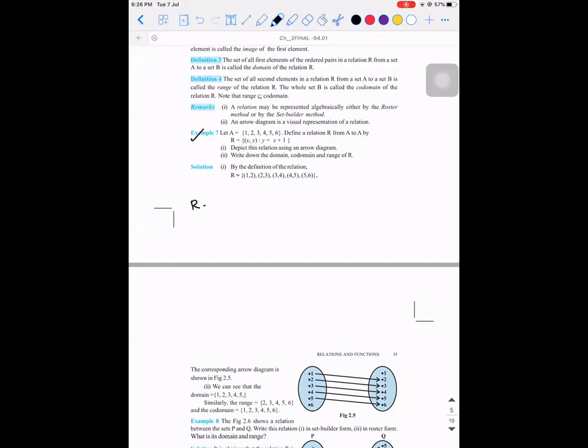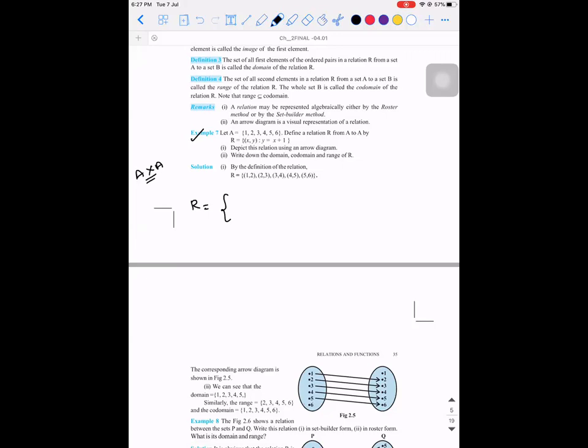Now, R is a set of ordered pairs, and each ordered pair should satisfy the condition y is equal to x plus 1. So you're defining the Cartesian product from A cross A, from the set A to the same set A. Y is equal to x plus 1 means what should I write?